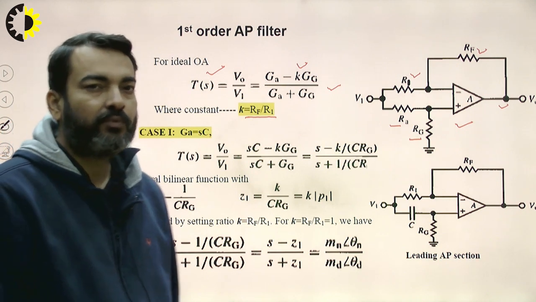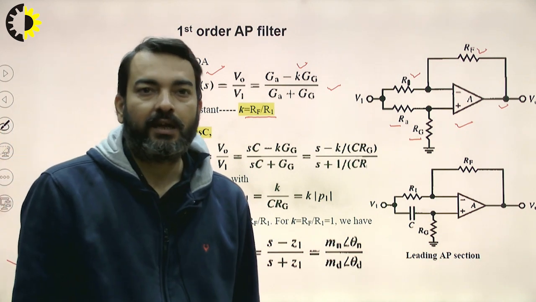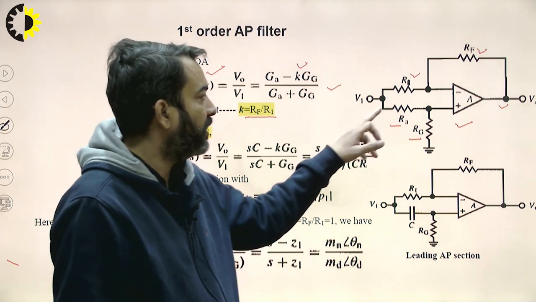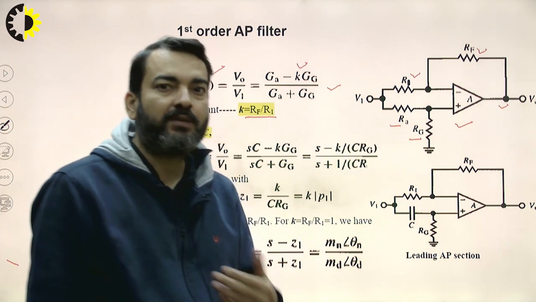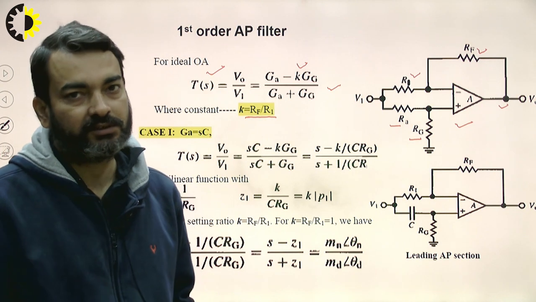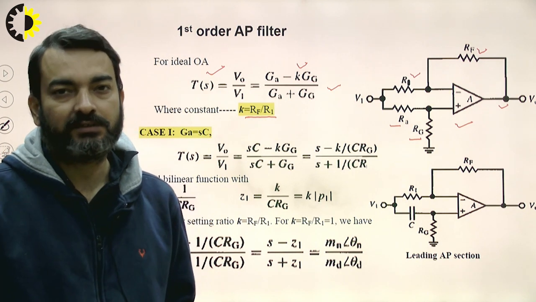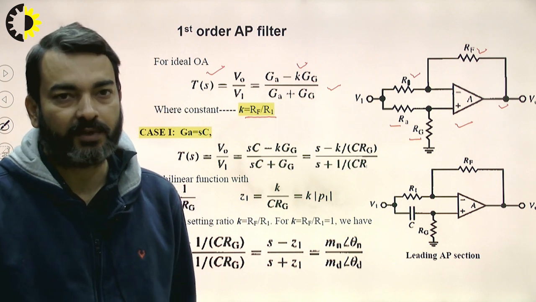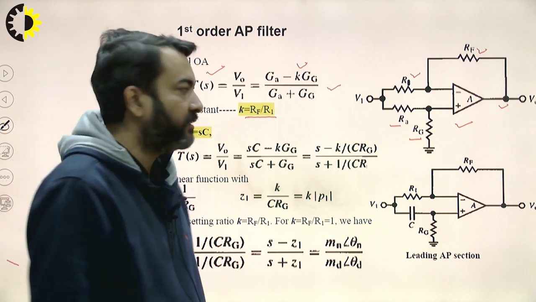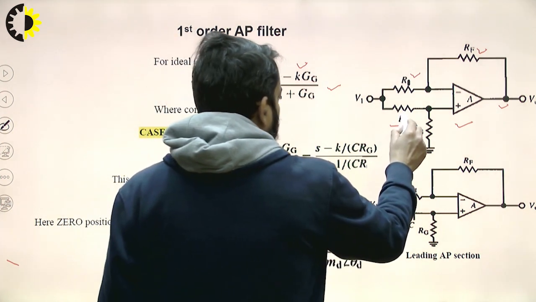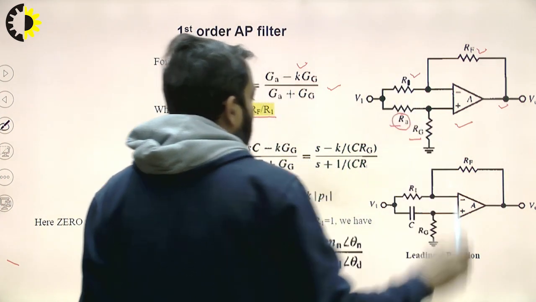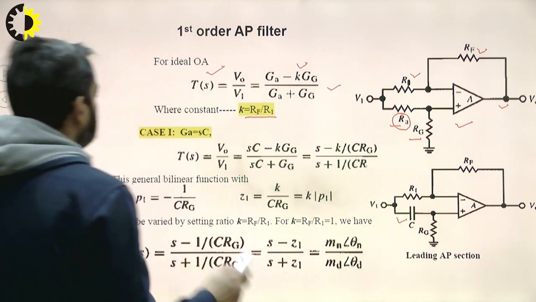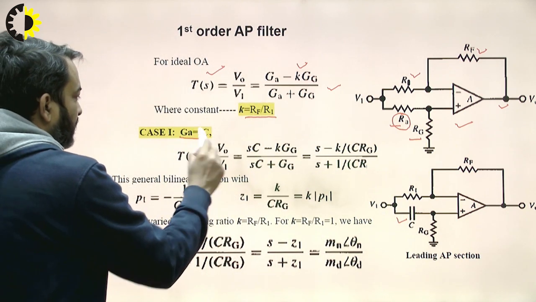Now we will see both the cases of leading and lagging all pass section. Simply by having an appropriate choice for these two components, where one will be capacitive and the second one will be resistive, we will have in one case leading all pass and in the other case lagging all pass section. Suppose this particular component is capacitive, meaning we will say GA.